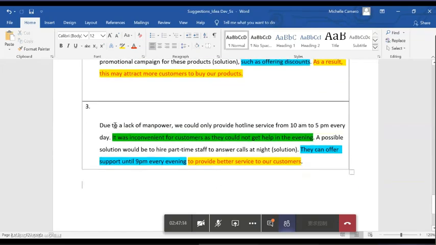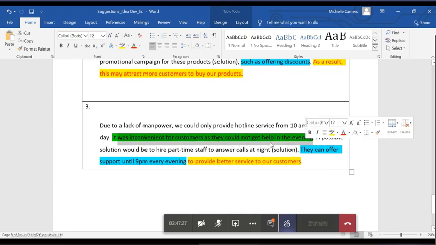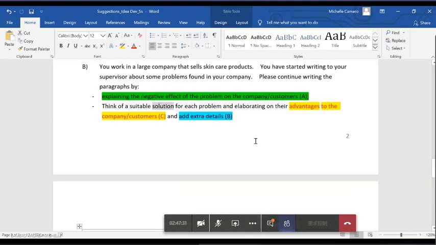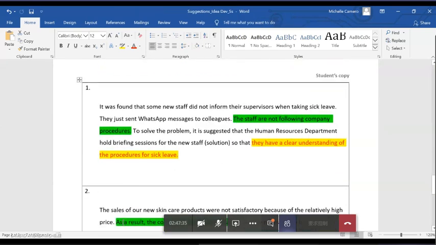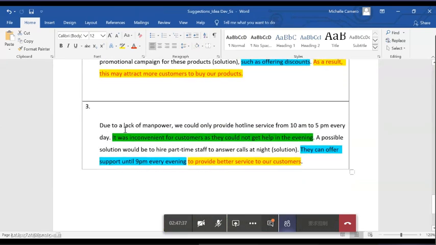All right, last one. Due to a lack of manpower, we could only provide hotline service from 10 a.m. to 5 p.m. every day. That's the problem, more information about the problem. It was inconvenient for customers as they could not get help in the evening. So that is more information about the problem. You're doing A, explaining the negative effect of the problem. Okay? A possible solution would be to hire part-time staff to answer calls at night.